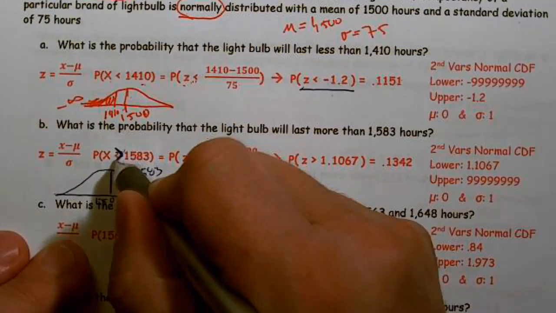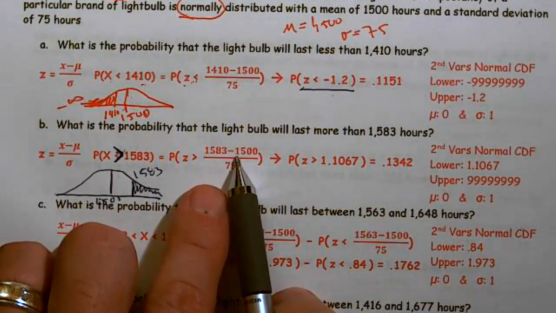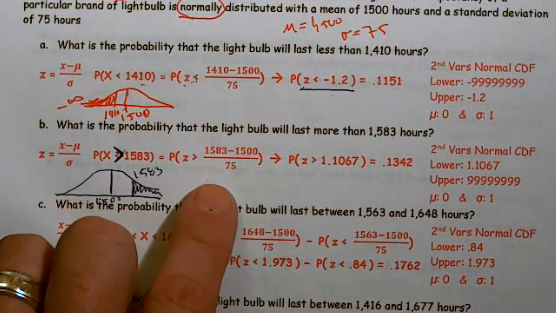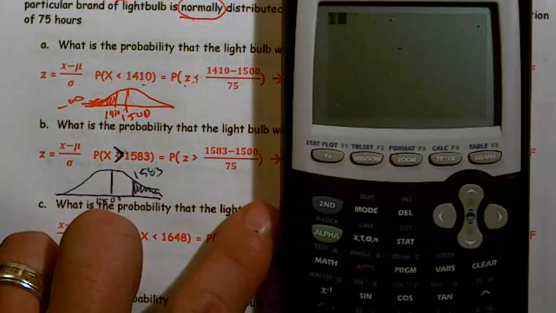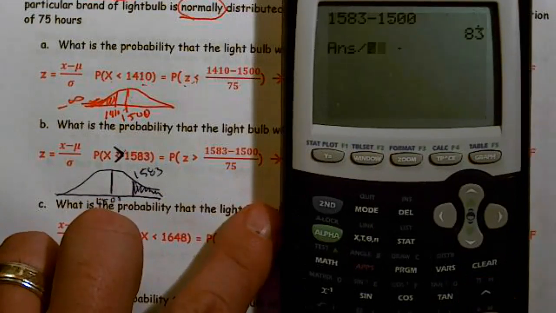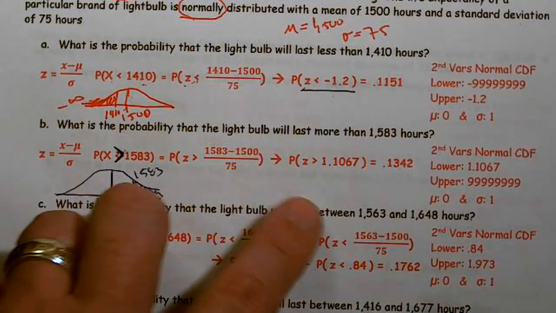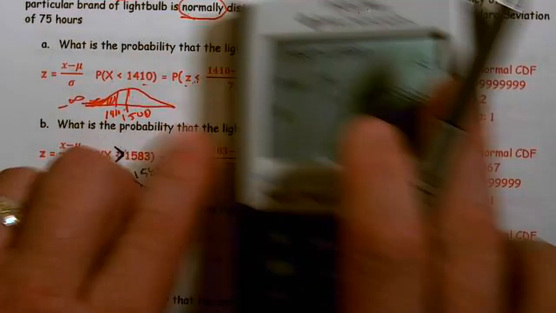This should be a greater than sign. So 1,583 minus 1,500 divided by 75, and we end up getting 1.106. There we go.